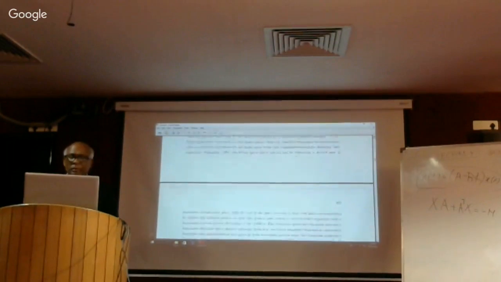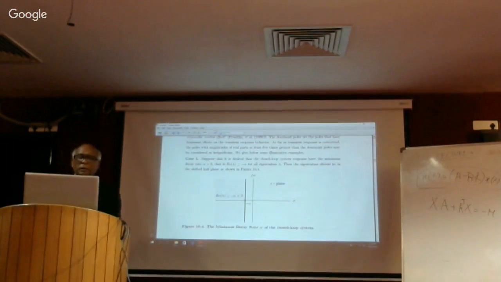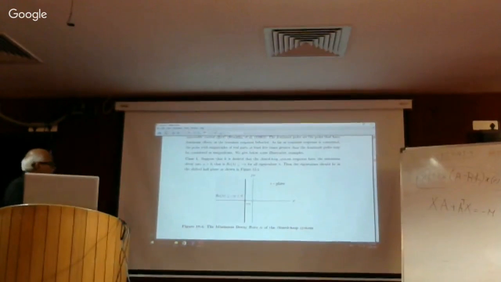Suppose the closed loop system has a certain minimum decay rate alpha, which is positive. This means that the real parts of all the eigenvalues have to be less than or equal to minus alpha. So all the eigenvalues have to be in this region.